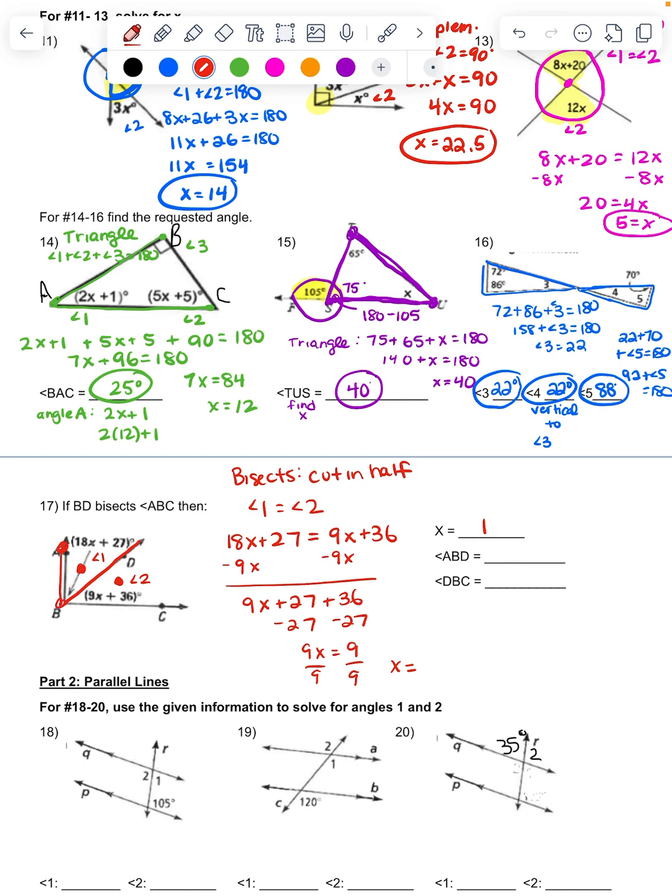So if I go from A to B to D, the equation for this is 18 times 1 plus 27, and that's 45 degrees. And DBC is 9 times x plus 36, and that's also 45 degrees.